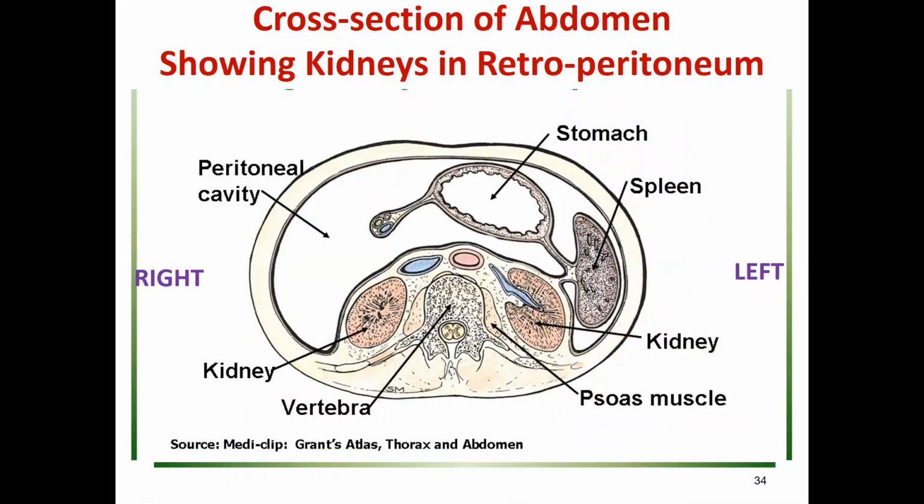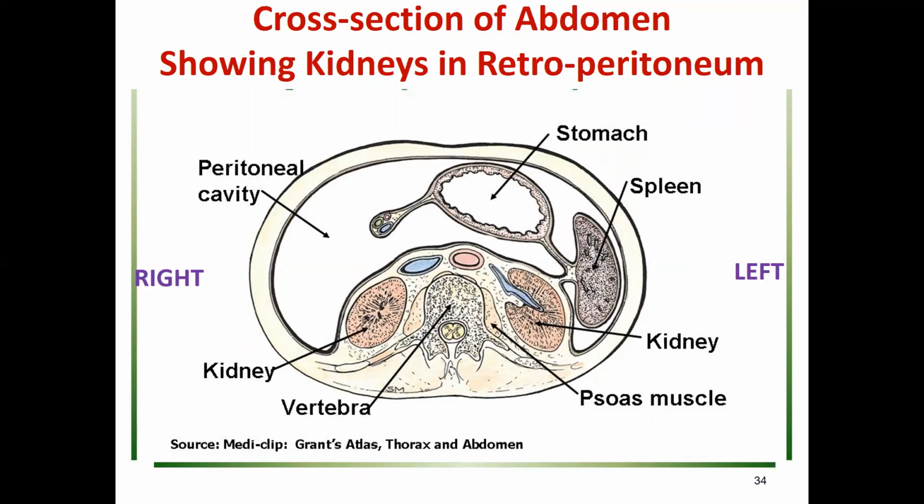This is a cross-section of the abdomen and a good picture to show that the kidneys lie behind the peritoneum, outside of the peritoneal cavity. This location is referred to as the retroperitoneum, or behind the peritoneum.